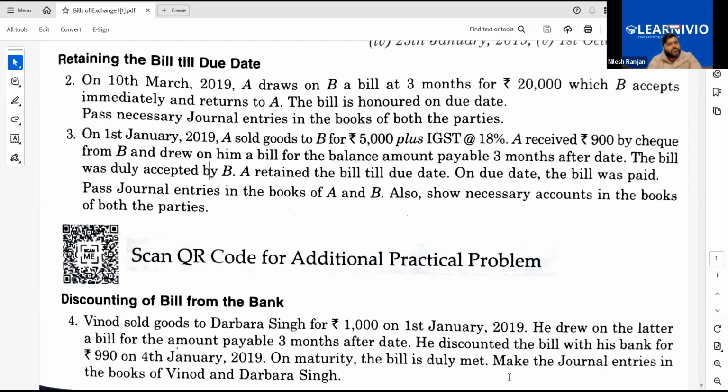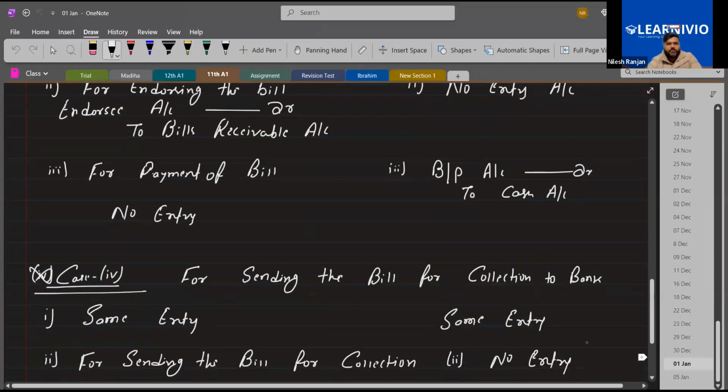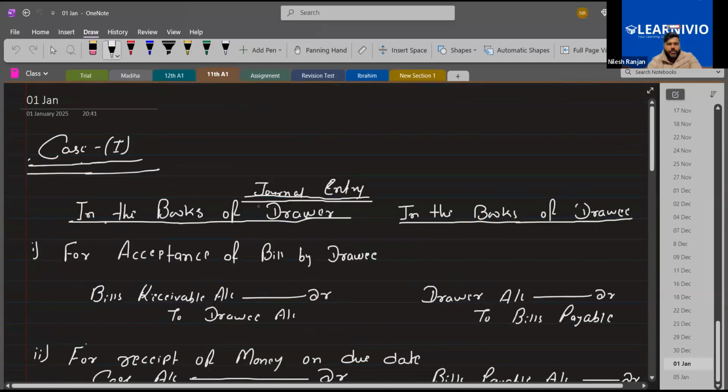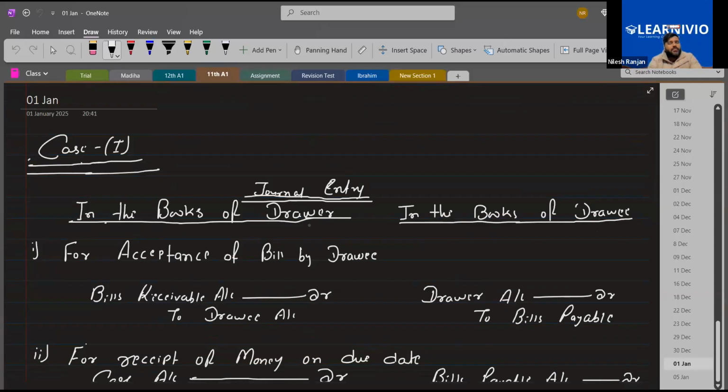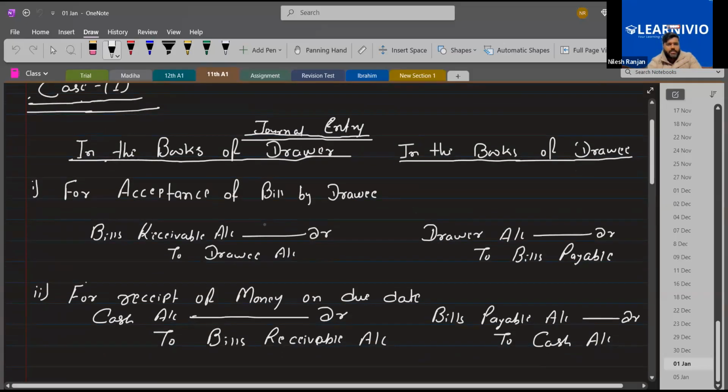I have written drawer account debit to cash. Where? Can you show me? I'm on the tab right now, I can't actually show you. Okay, you can see here. Tell me where in the books of drawer I have written this.